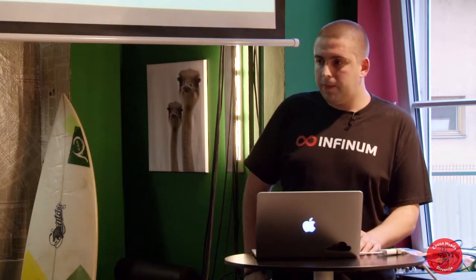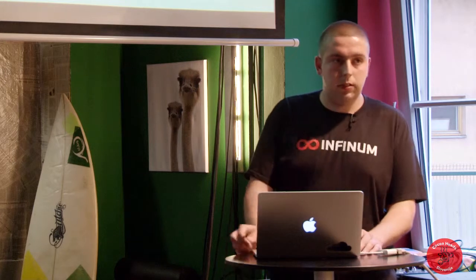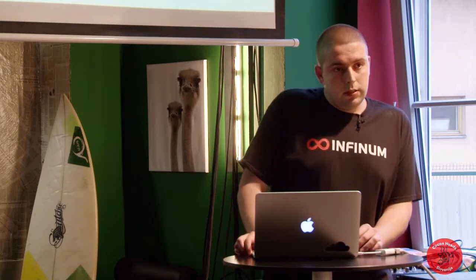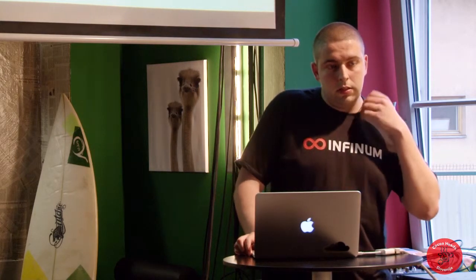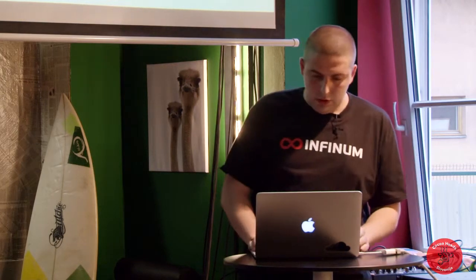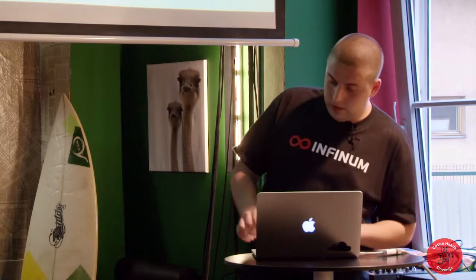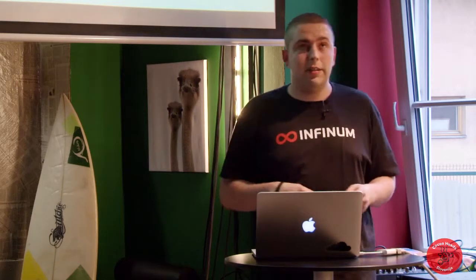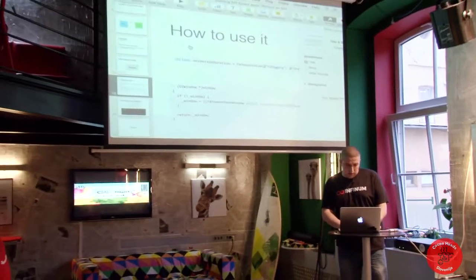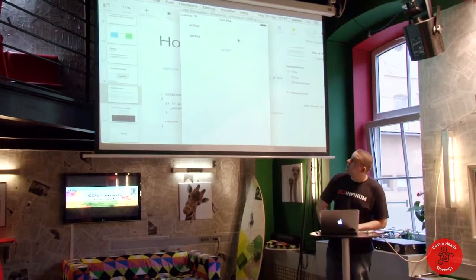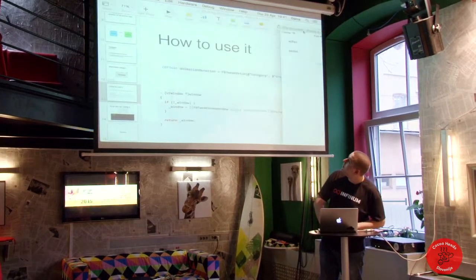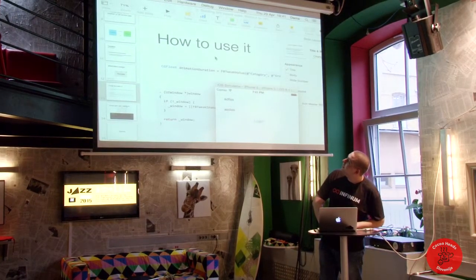Yep. How do you define all those parameters that you want to change? Okay, let me just go back to the slide. Yeah, this one. When you open the dashboard, I can show you actually. So you can do something like this.